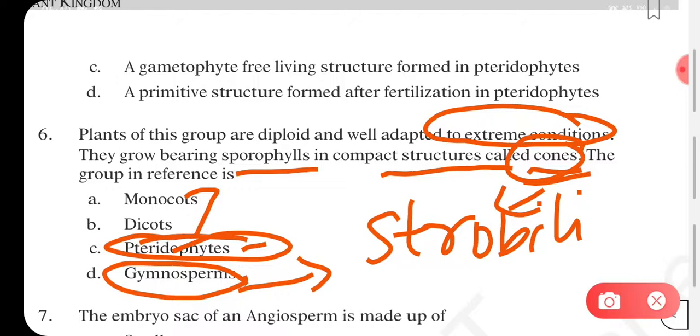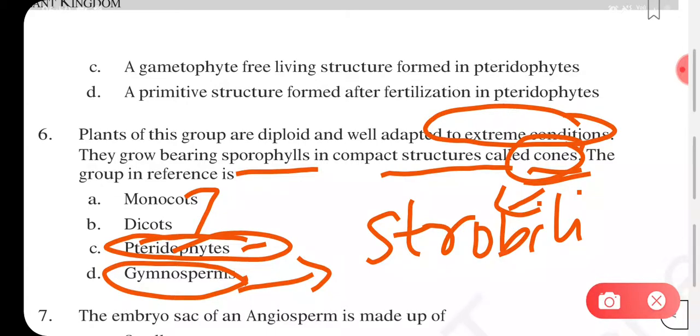Fine. So that is what we see in the case of gymnosperms, and their sporangia, which are on sporophylls, are arranged spirally to form this type of cone or strobilus, which we also call lax. These strobili or cones can be female or male.